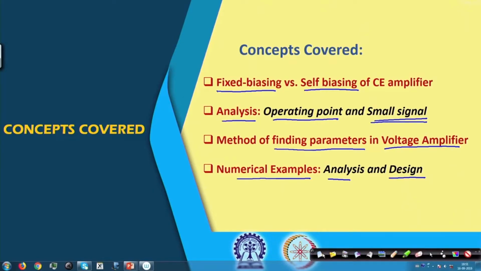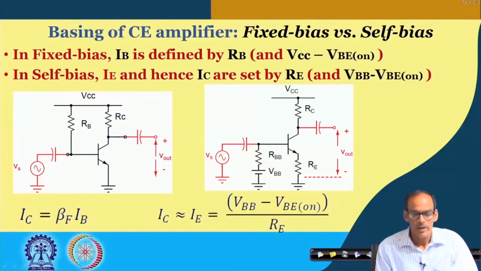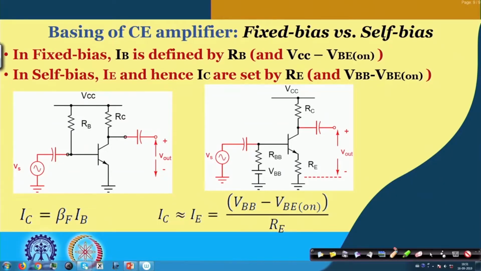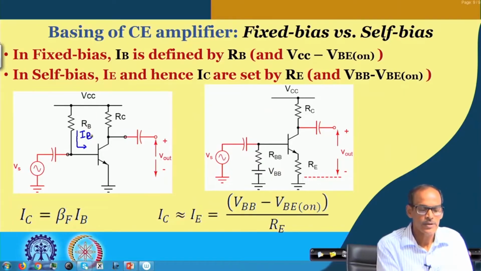So, let us talk about the biasing schemes and compare the two. As we have discussed, this is the fixed bias circuit, and here the base terminal DC current IB is decided by VCC, VBE on and this RB.